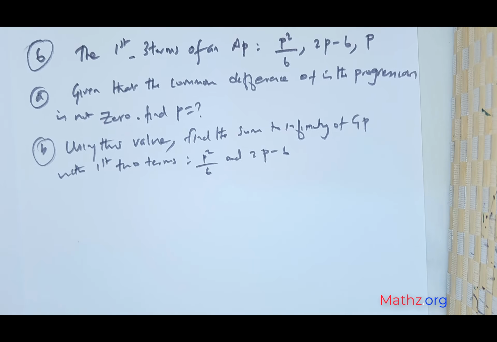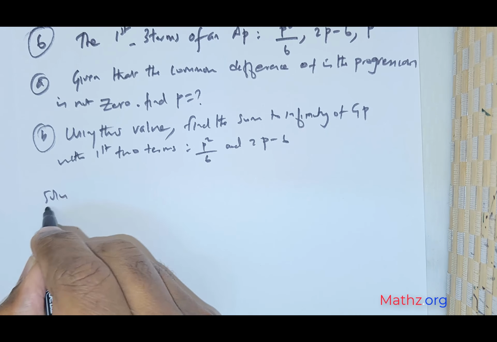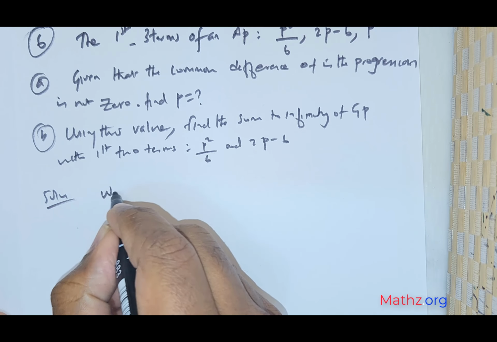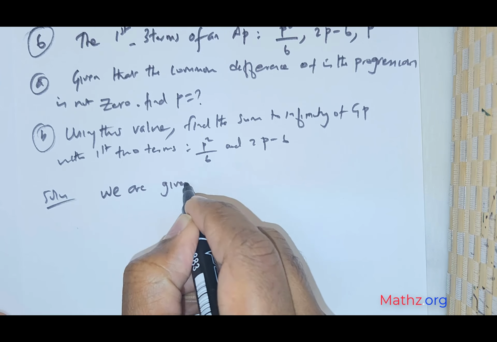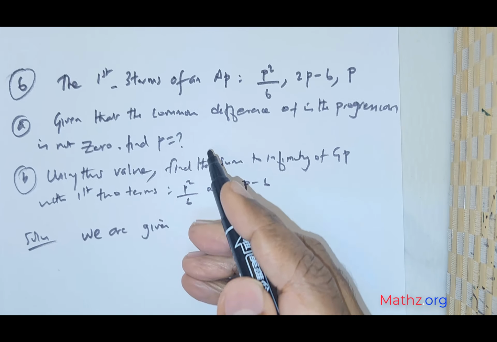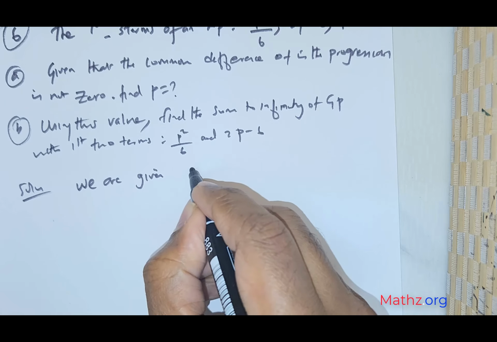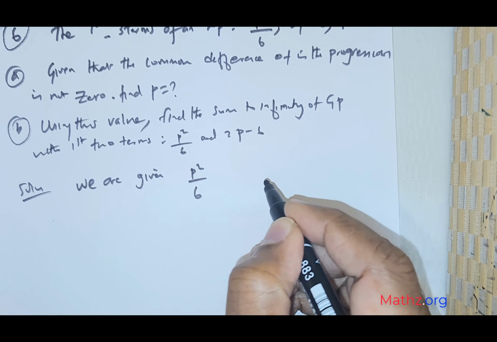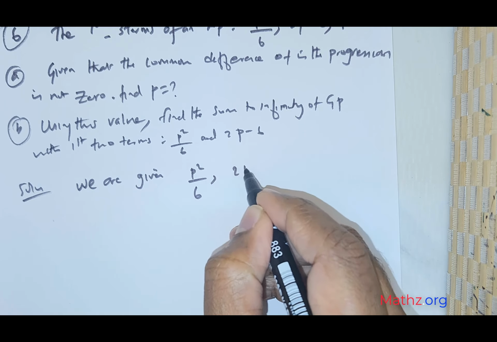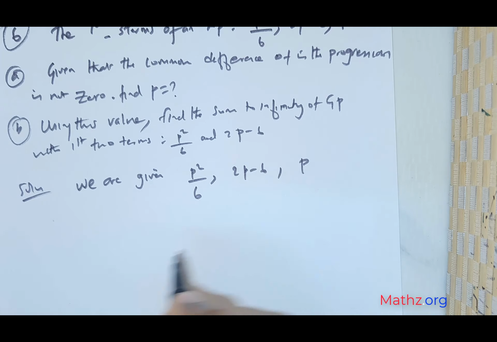Okay, this is an interesting question. So foremost, let me start the solution. We are given the first three terms, p squared over 6, 2p − 6 and p.